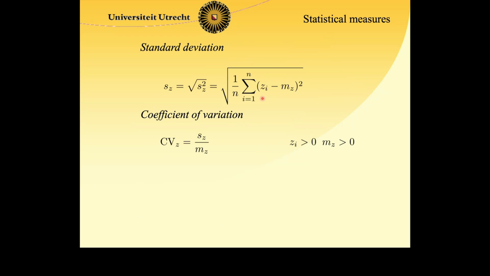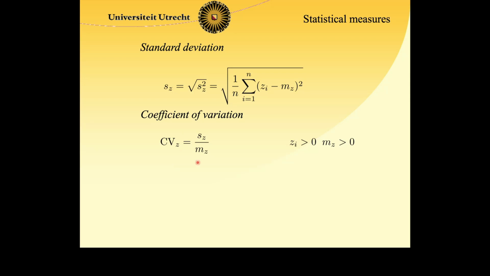Now, likewise, you've known this one, the square root of the variance is the standard deviation. And there's also a thing called the coefficient of variation that says something about the relative width of the distribution compared to the value of its mean. So we take the standard deviation and divide by the mean.